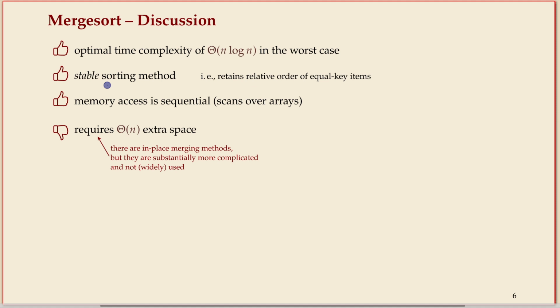So you could sort a list of people first by their first name, and then sort that list by the last name. If you do that with a stable method, you will get a list that's sorted by last name, and among those with the same last name by first name. And that can be useful. If you do that with an unstable method, if you sort by the last name in the second round, it might scramble the order of the first names again.